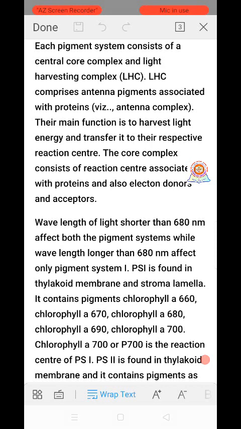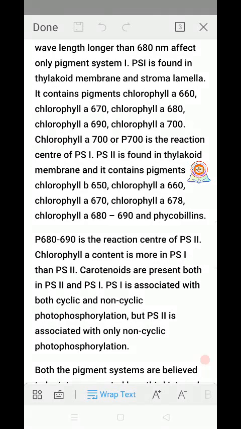Chlorophyll a 700, or P700, is the reaction center of photosystem 1.